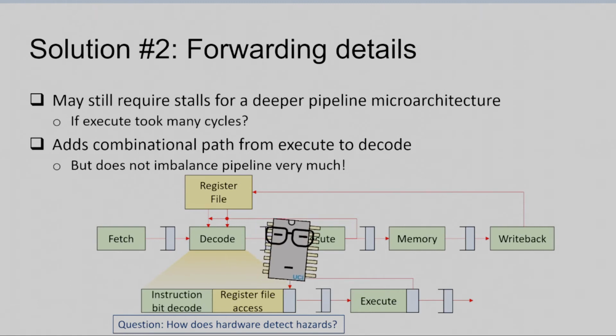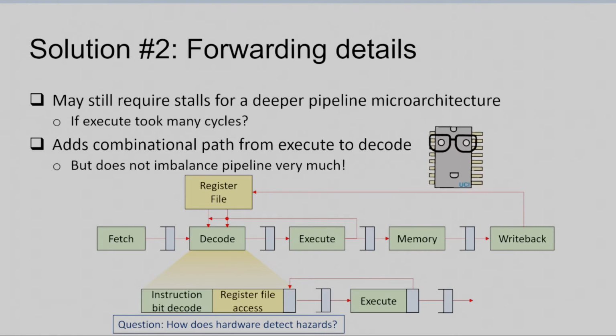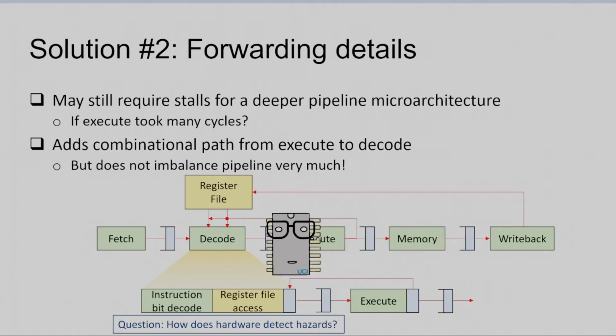Thankfully, or well, not thankfully, because this is also very dependent on the implementation, the forwarding path moves from the end of the execute stage to most likely the end of the decode stage.